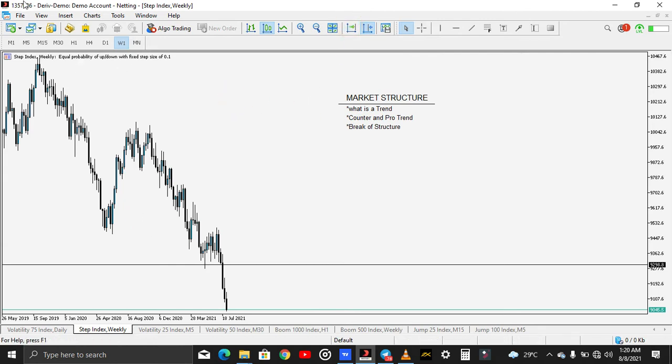The market has been in a downtrend. Can you see what I'm showing you? It has been in a downtrend. All these things are just counter trends. The main trend is a downtrend.